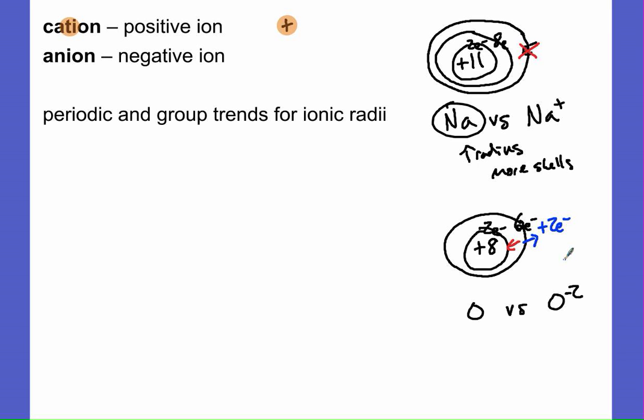And when I talk about oxygen versus oxide, the only difference between this oxide ion and what I had before is I have a couple extra electrons. And electrons pull outward, right? So if I have a couple extra electrons, both of which are going to pull a little bit more out, that actually means that my oxide ion is going to be bigger.